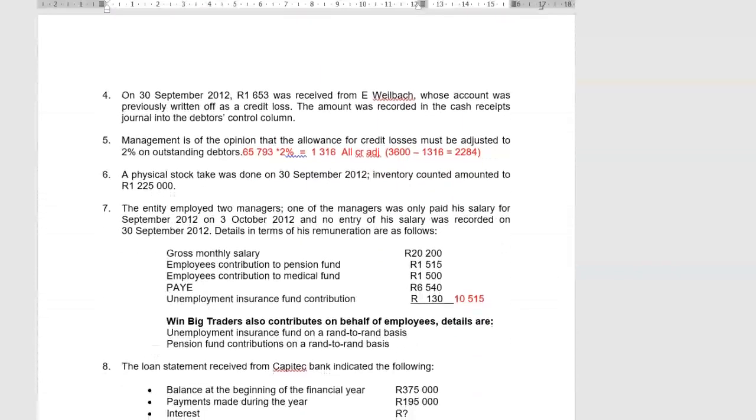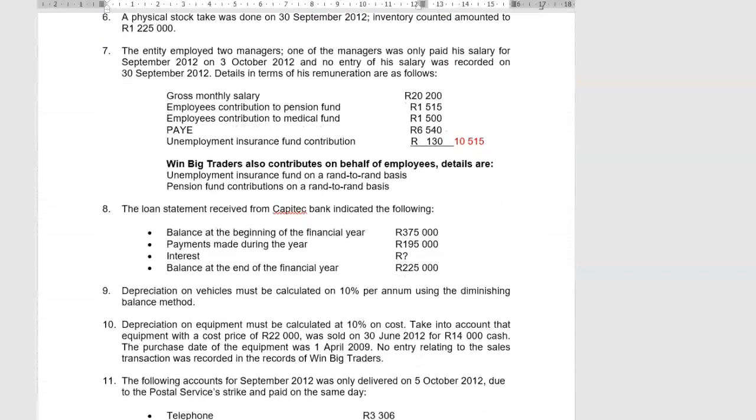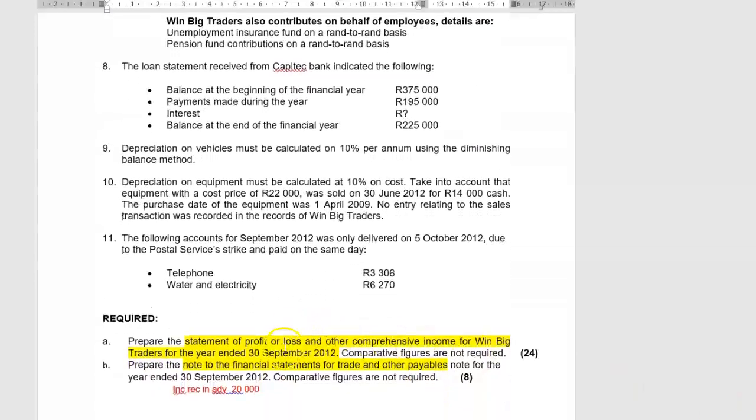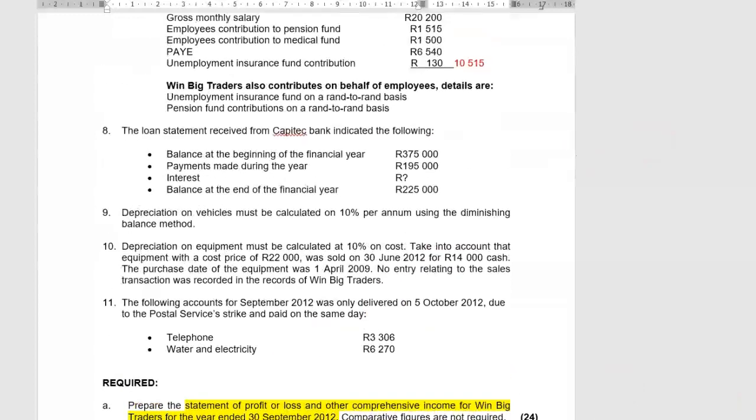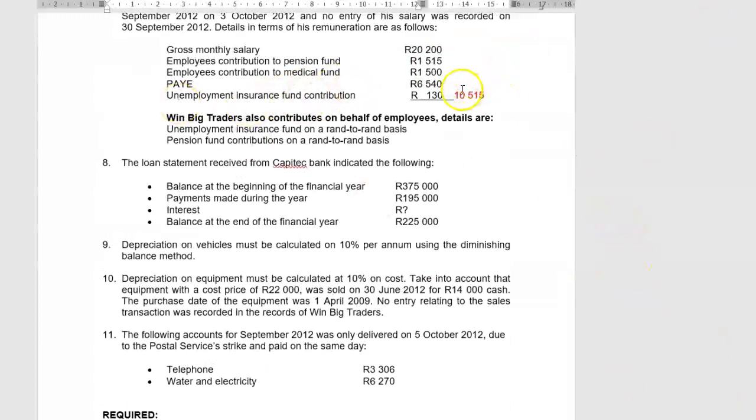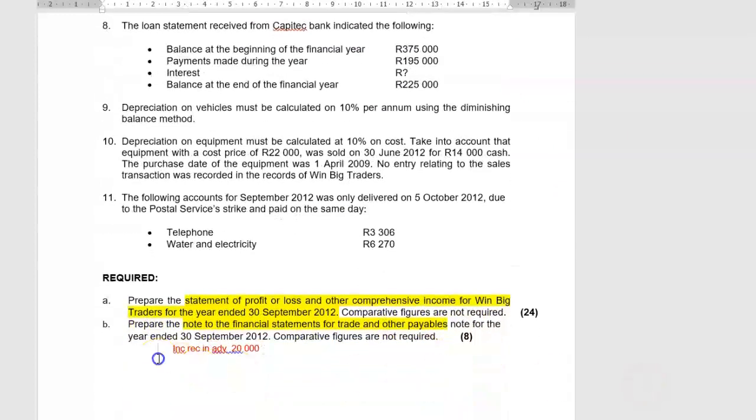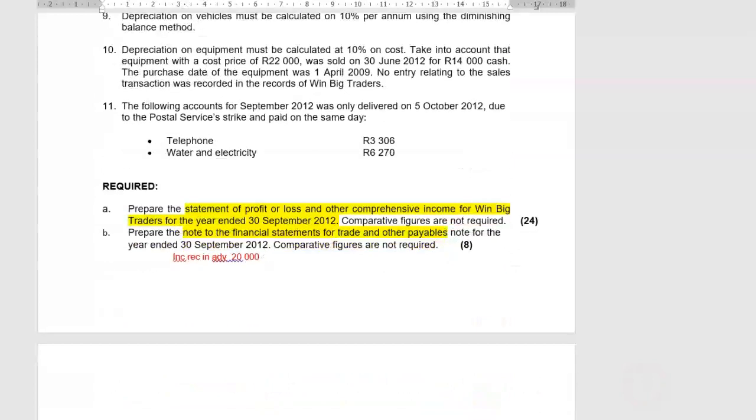Creditors. Remember, we are also interested in creditors. What are we going to show as part of our trade and other payables note? We are going to show creditors for salaries, the net amount that we owe the guy, 10,515. Let me write it there. Creditors for salaries, 10,515. We're going to show a creditor for UIF, and that would be now what?